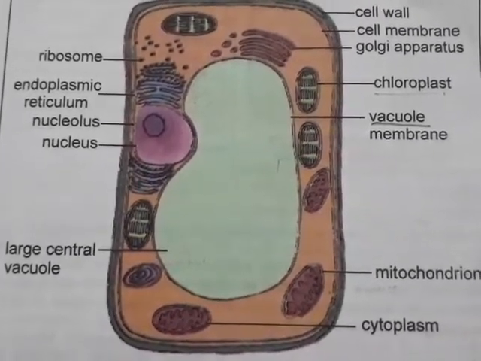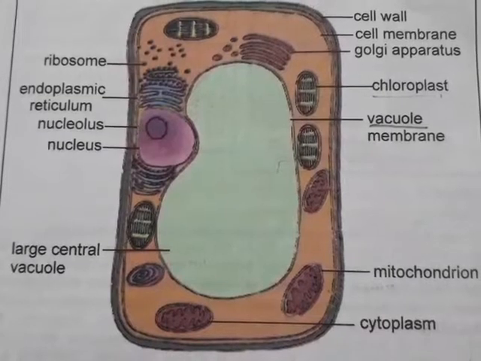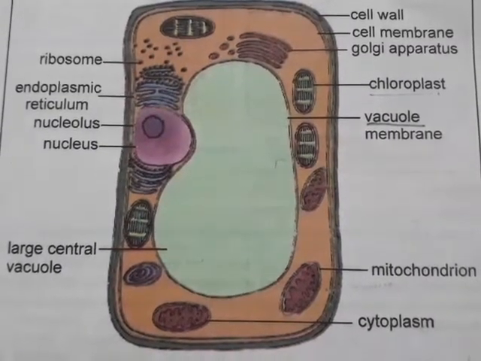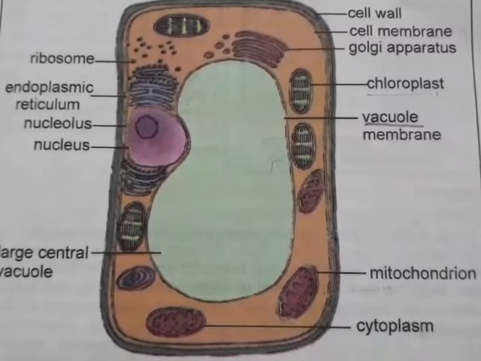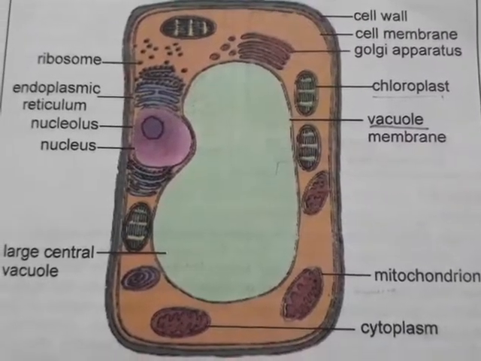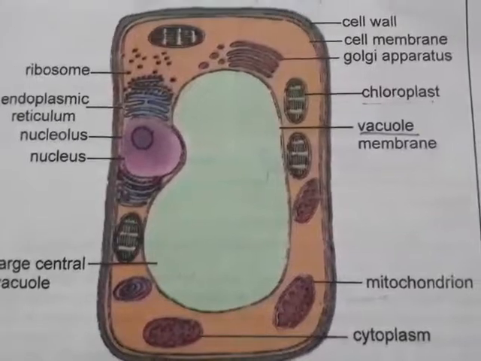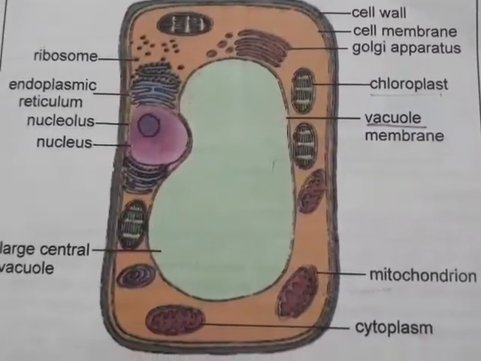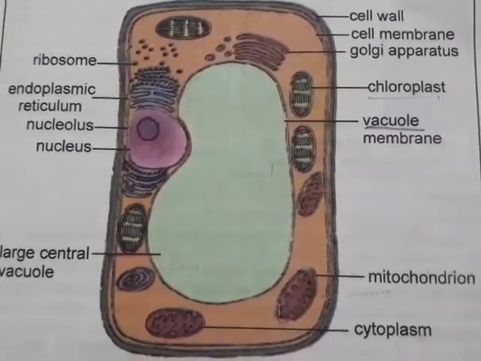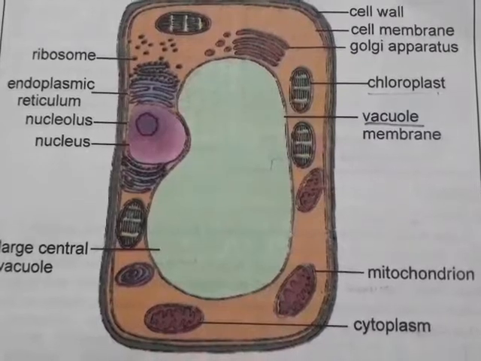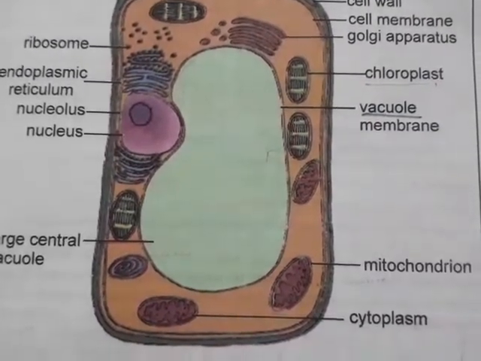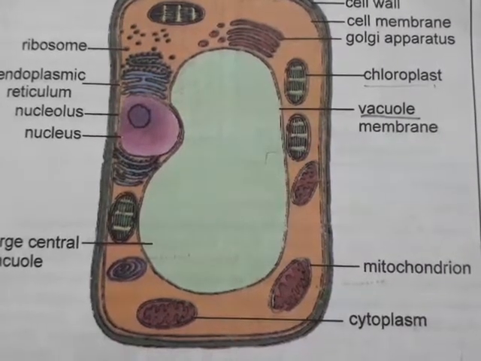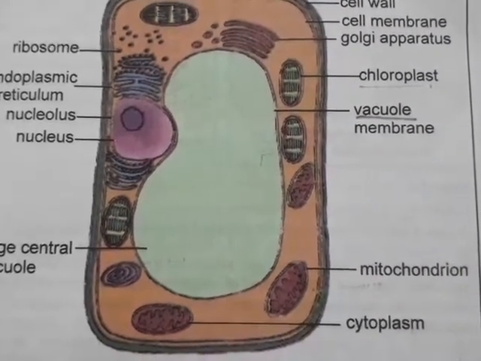In single cell organisms like amoeba, this vacuole is known as the food vacuole. It contains the food items that the amoeba has consumed. In some unicellular organisms, specialized vacuoles also play important roles in expelling excess water and some waste from the cell.